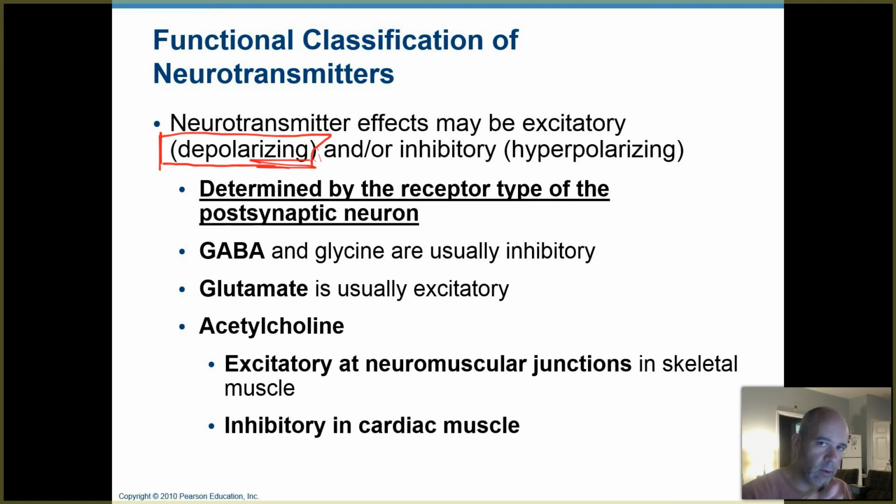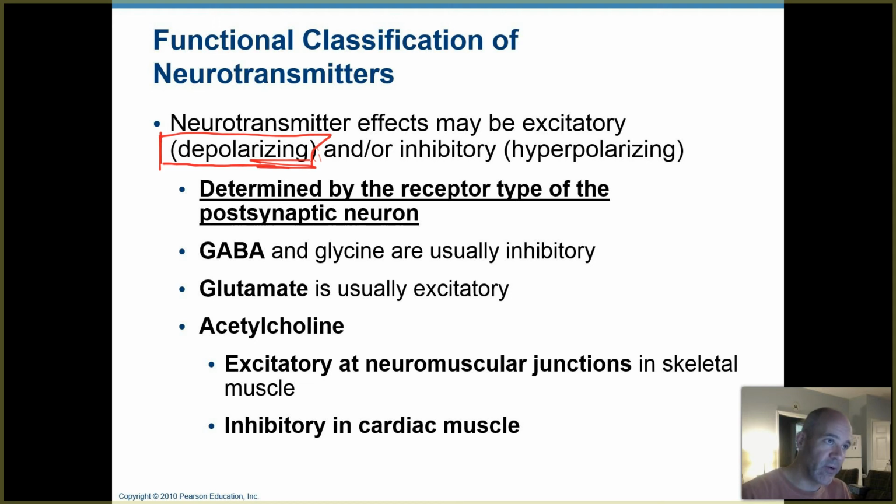At least in that little local area, the membrane is starting to depolarize. Remember, though, in order for an action potential to happen, that depolarization has to be strong enough, and it has to wind up diffusing, making its way all the way over to the axon hillock in order for an action potential to take place.